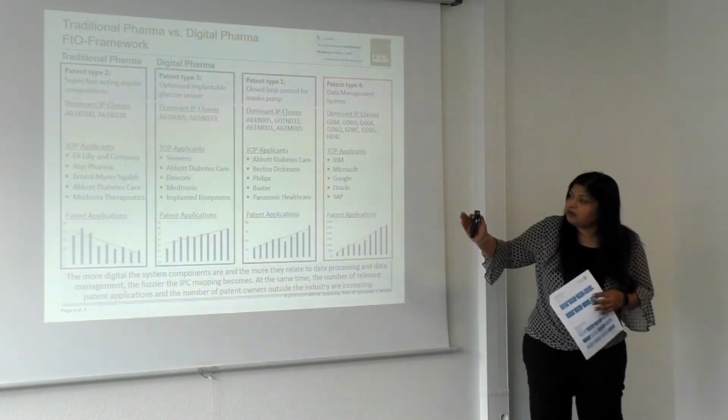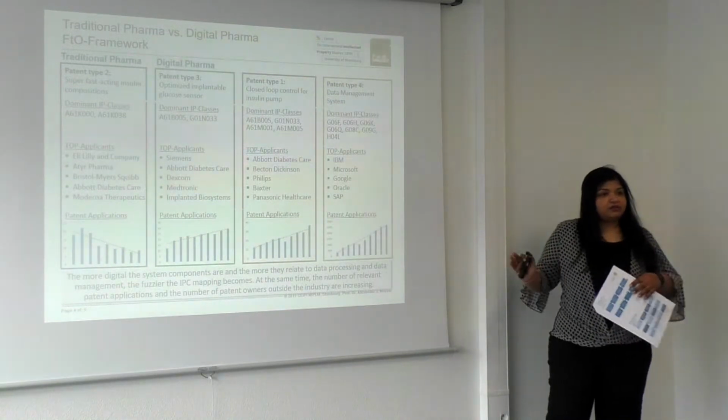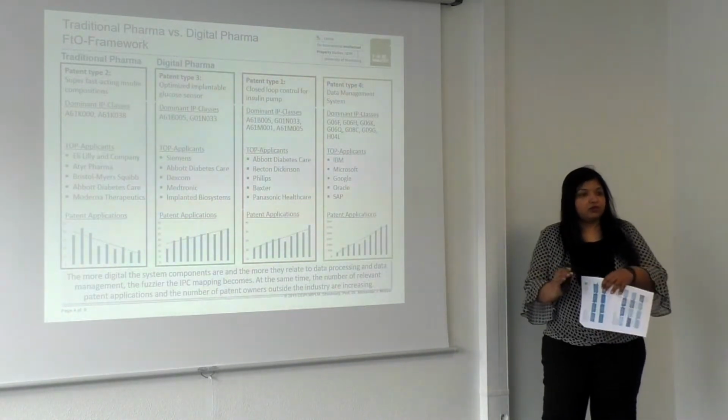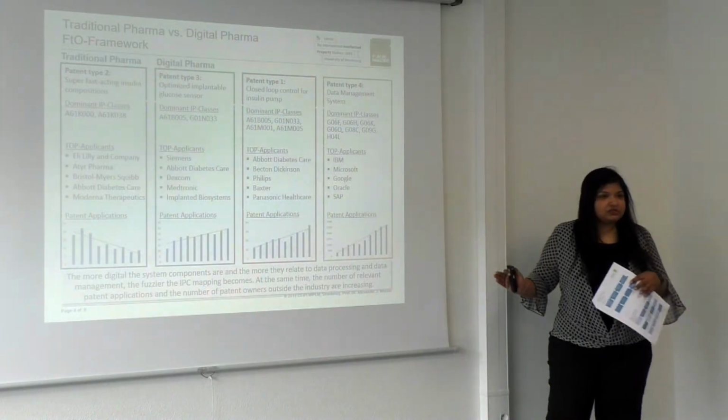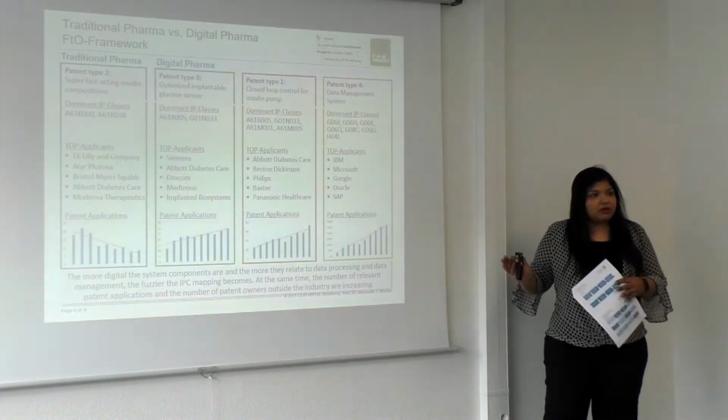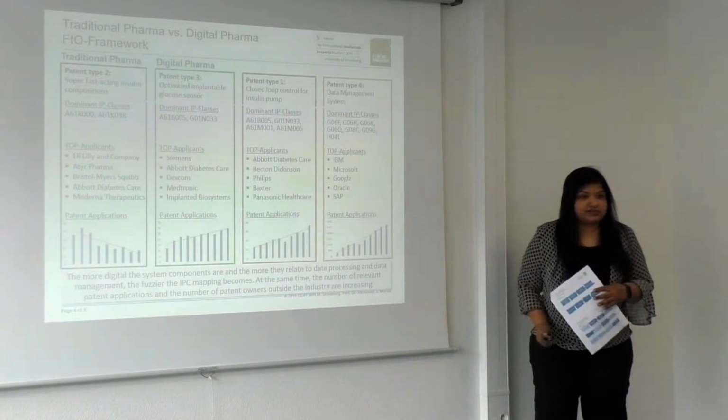So in a way, for patent type 1, we would still know where to look for the information. And the number of patent applications is also something which is manageable. This is what it looks like from the trends.